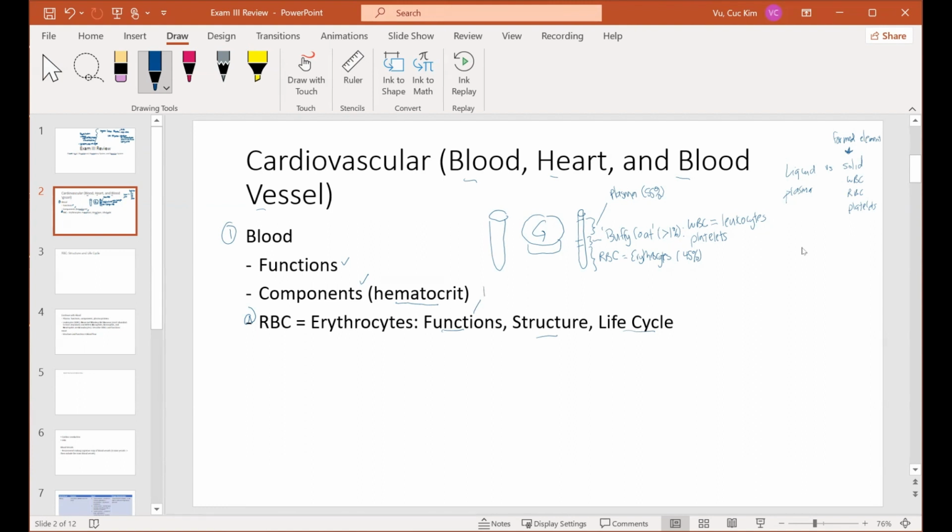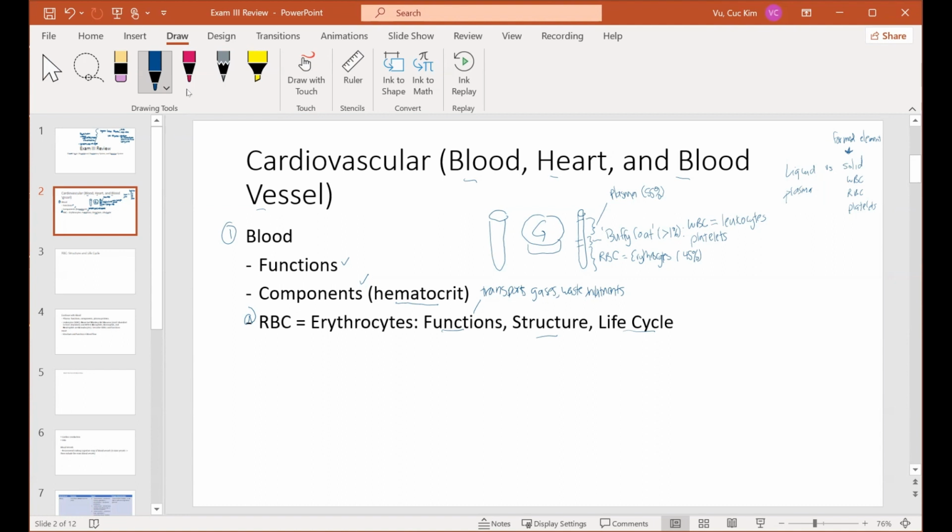So it transports gases, waste, nutrients, pretty much, oh no, I'm talking about blood, sorry.